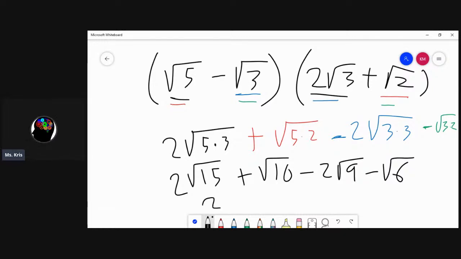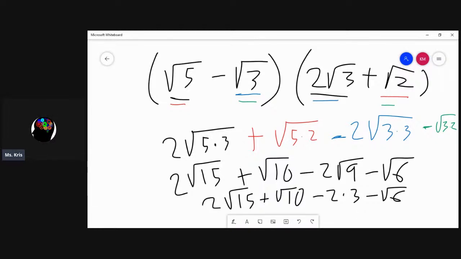After that, you have 2 square root of 15 plus square root of 10 minus 2 times 3, because square root of 9 is 3, minus the square root of 6.